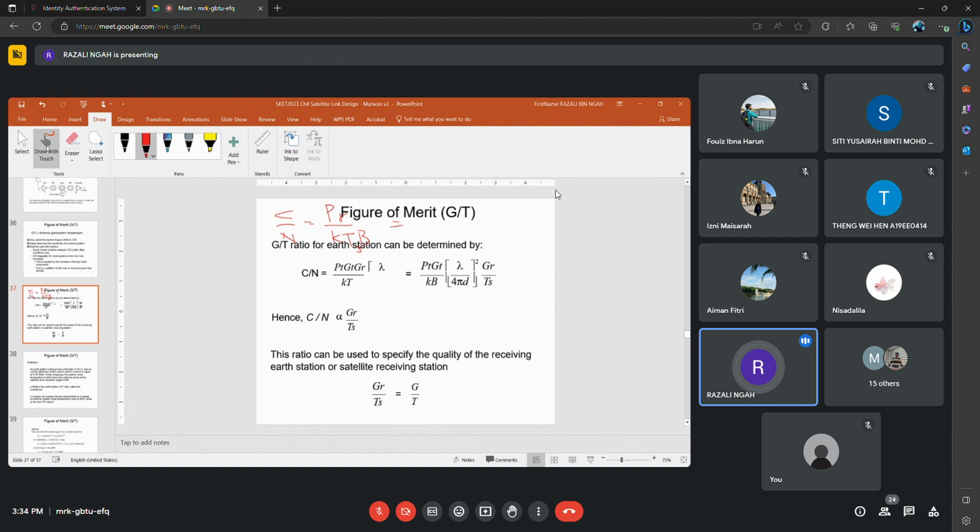So the equation for receive power is this: we have PT, GT, GR, and lambda over 4 pi d, squared, divided by KTSB.